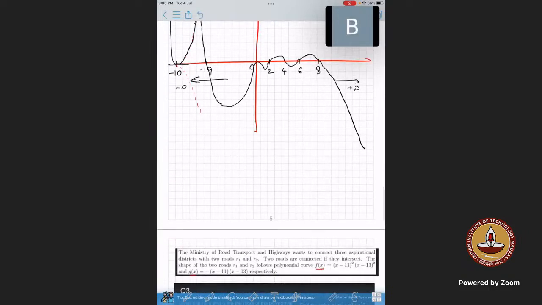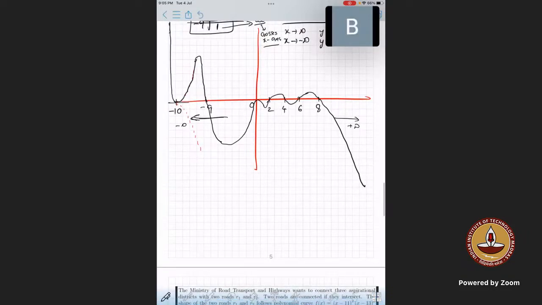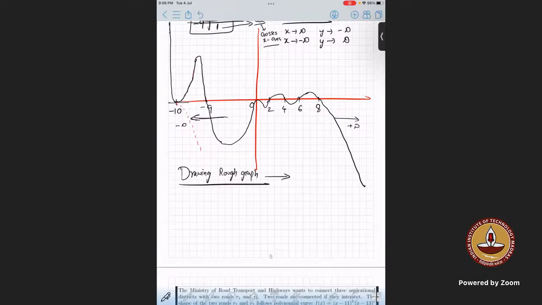Look, the two main things that we should consider while drawing a rough graph are: there are only two important things to consider.